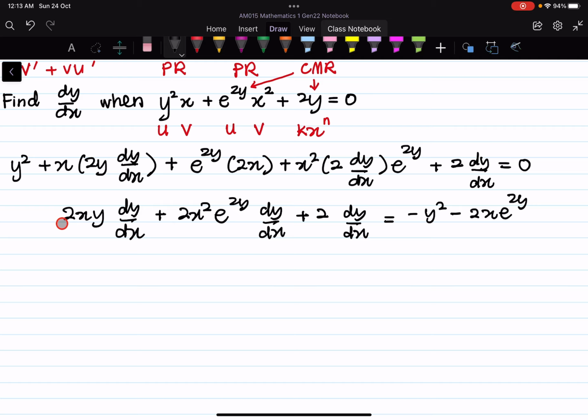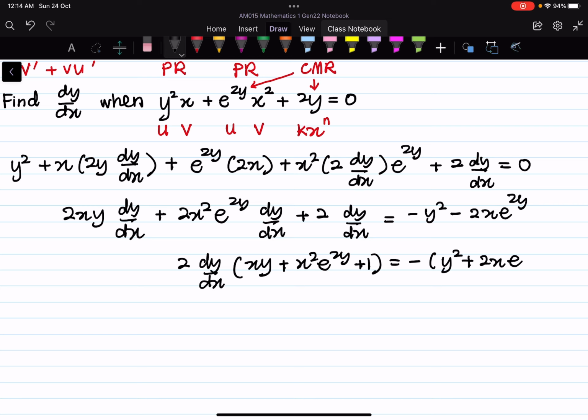So we're going to get 2 dy/dx times xy plus x squared e to the power 2y plus 1 equals, and I'm going to factorize the negative 1 out: negative y squared plus 2x e to the power 2y.